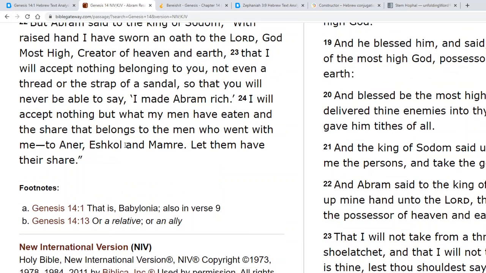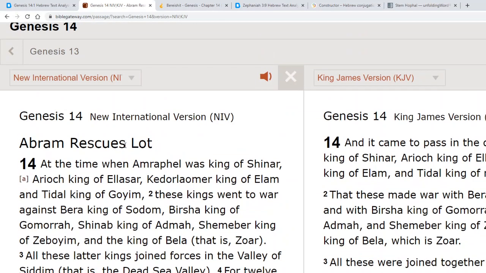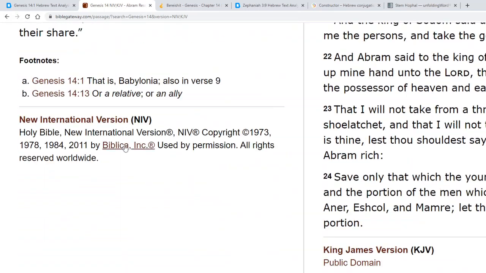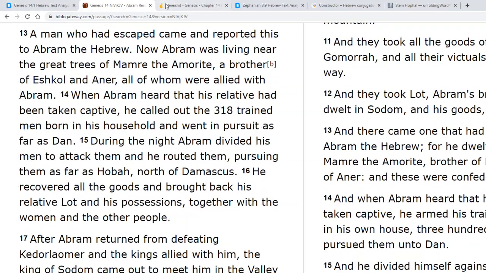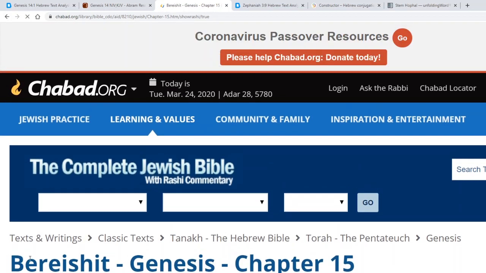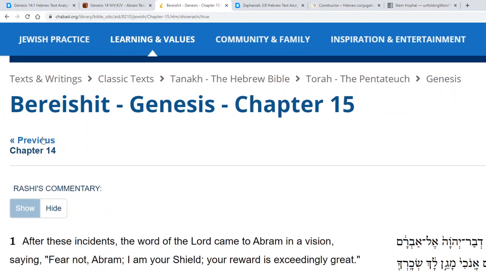So they're saying that's Babylonia. They're saying Shinar is Babylon, Babylonia, they're calling it. And also in verse 9. Let's see what Chabad does with it. Chapter 14. Sorry. Oh, right.